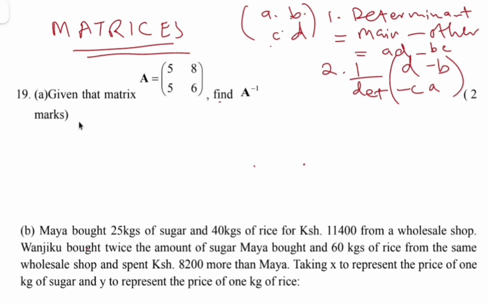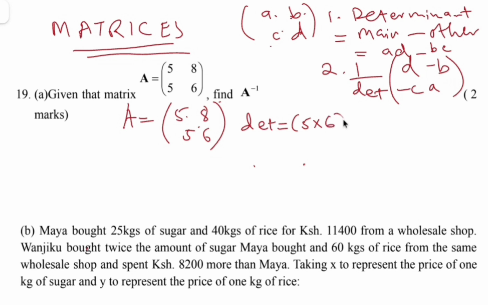So for example, this question is A, which is 5, 8, 5, 6. So watch it, first the determinant, and the determinant is your main diagonal, which is 5 times 6, minus 8 times 5.